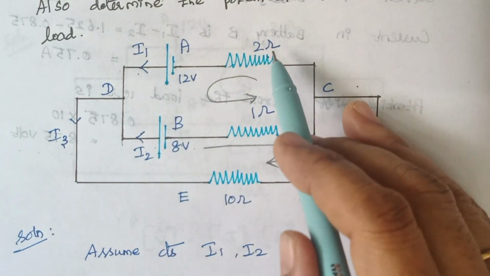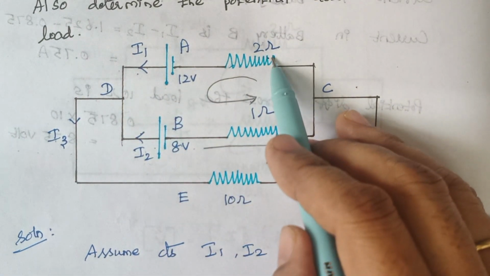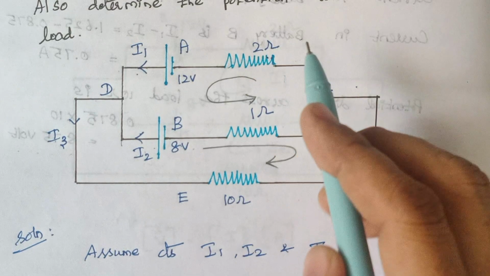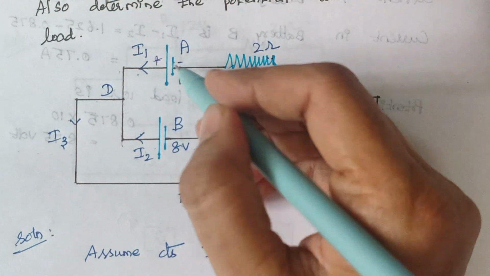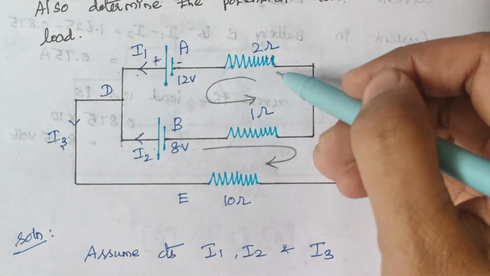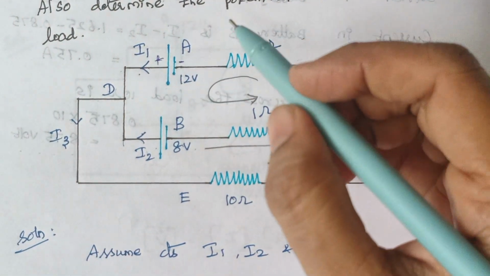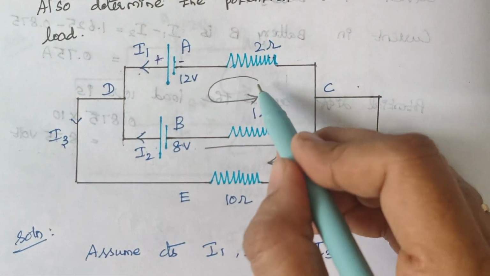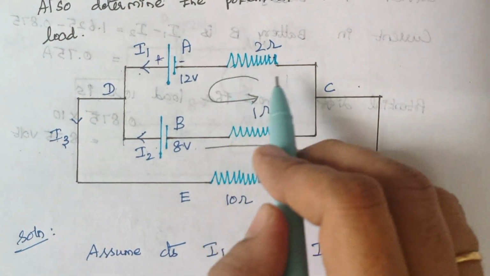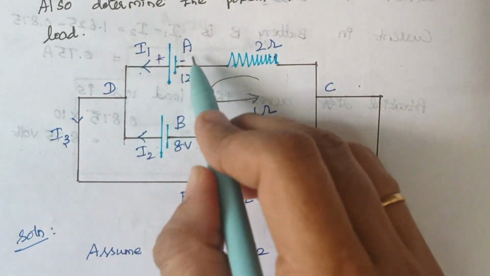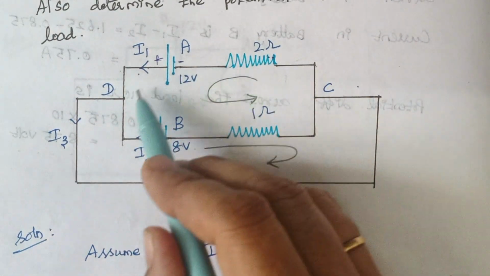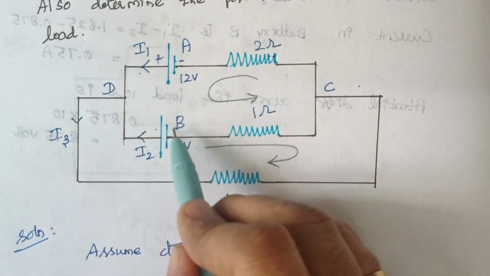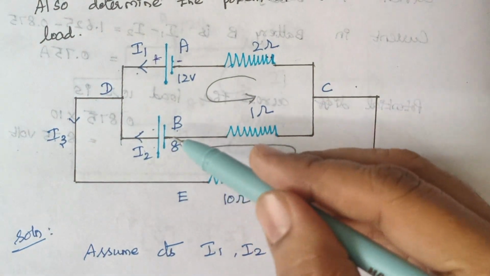Therefore the voltage drop across this 2 ohm resistor is 2I1. And next, when you gradually proceed, the current flows from minus to plus, so it is plus 12 volt. And again when you move down here it flows from plus to minus, therefore it is minus 8.